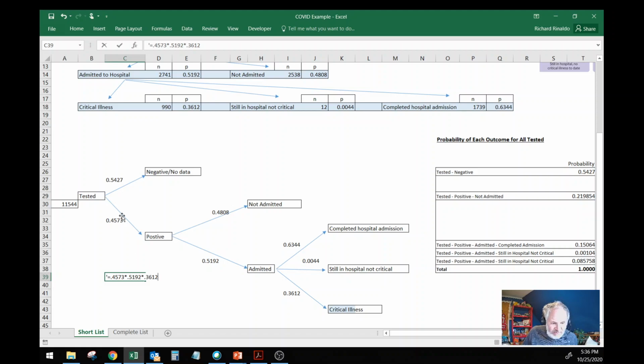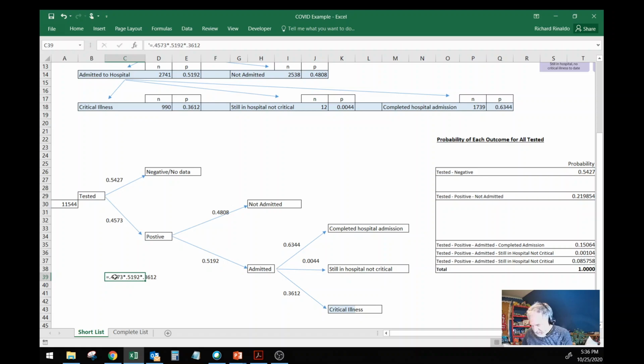If I multiply those probabilities down that path, that'll tell me if you show up at a New York City hospital during that time period, if you showed up to get tested and they said you should get tested for COVID, the probability of you ending up in ICU and in critical care is that value.